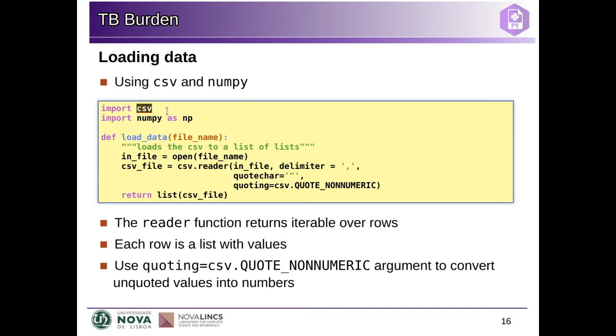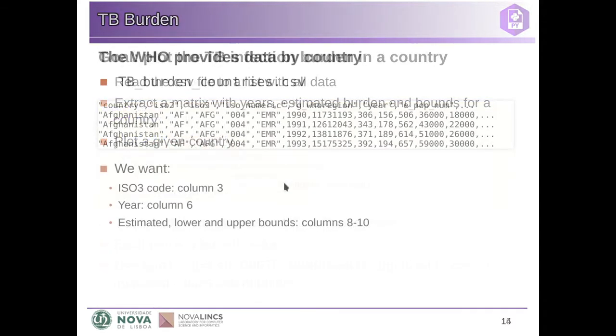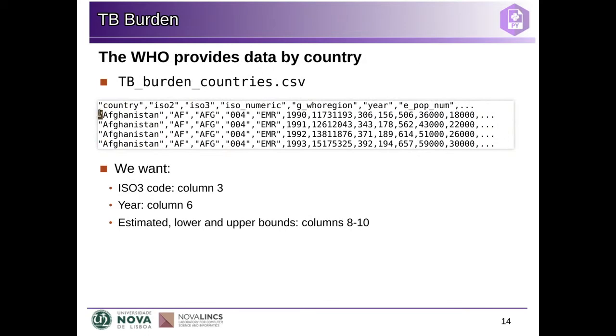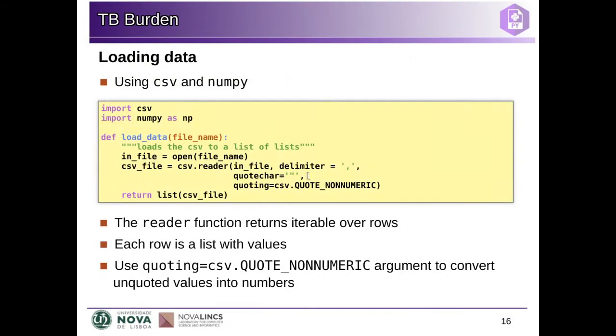We're going to use this library, CSV, so this module, because it has this reader function that we can use to specify the file, the delimiter used for the different fields, the character used for quoting strings. Note that everything that is a string is quoted with double quotes here, so we can specify the double quotes as the quoting character, and also we can tell the reader what to do with the other values.